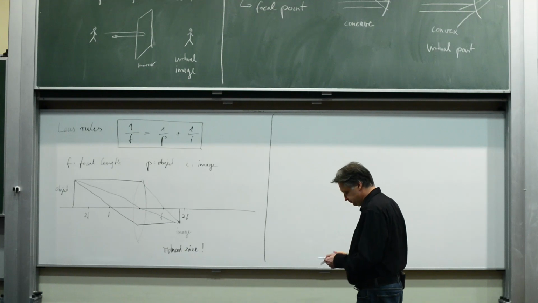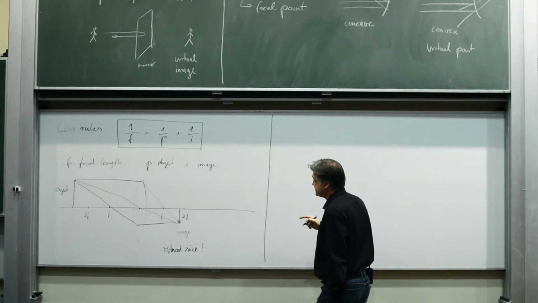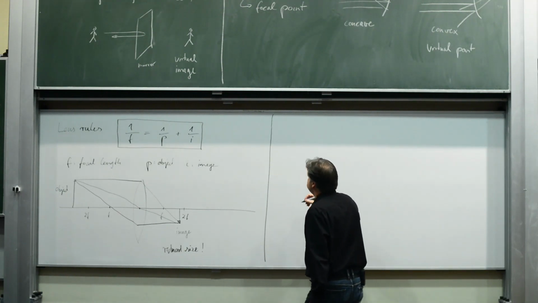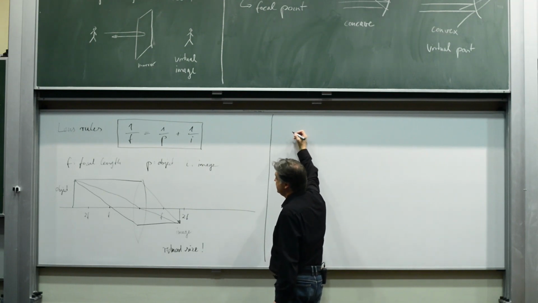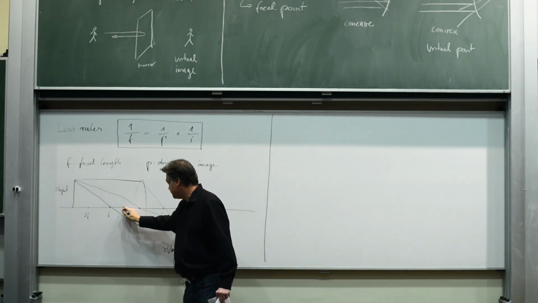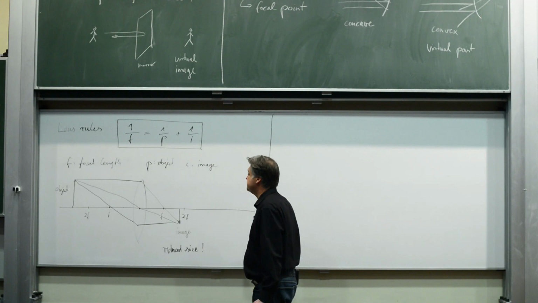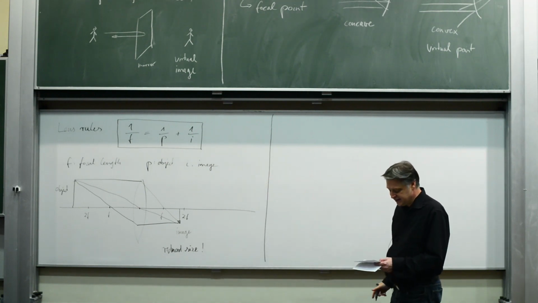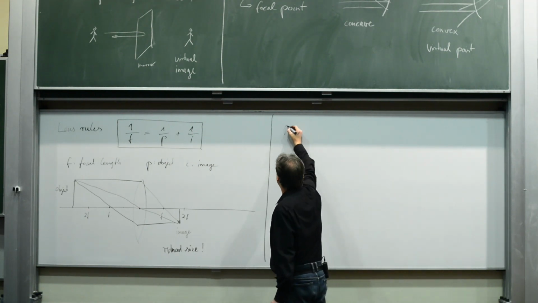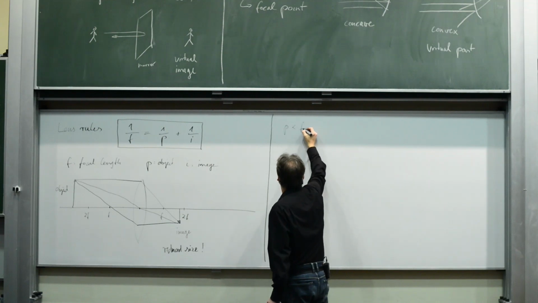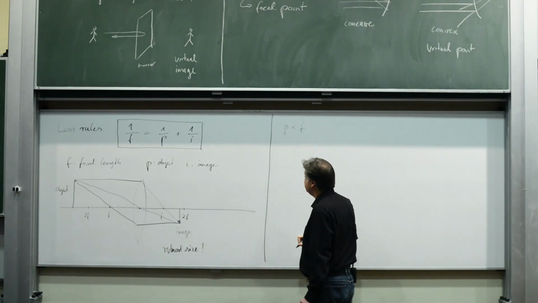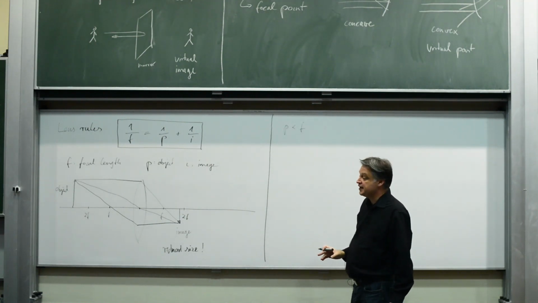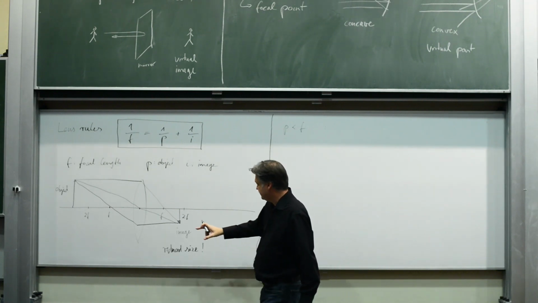Quick summary. What if our object is close to the lens, between f and the lens itself? So what if p is smaller than f? In that case, we would not get an image at all.